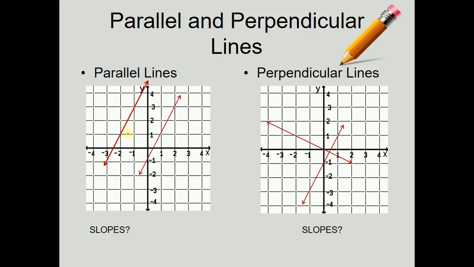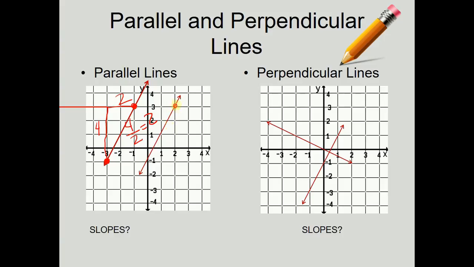Well, parallel lines, guys. Here I have these two lines. I have one that's going right here to here, right? So we got a rise of 1, 2, 3, 4, and a run of 1, 2. So my slope for this line would be 4 over 2 or just 2. Let's see what this one's got.